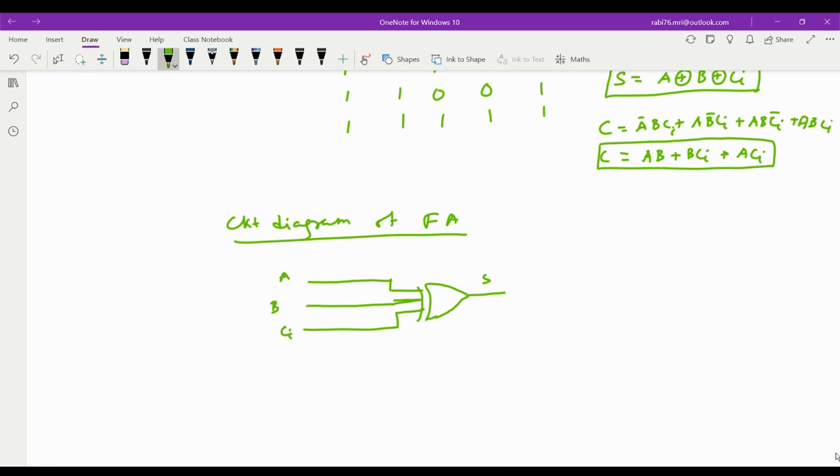So what you will do, I am doing first this one. A, B. This is an AND gate. Then this is another AND gate.